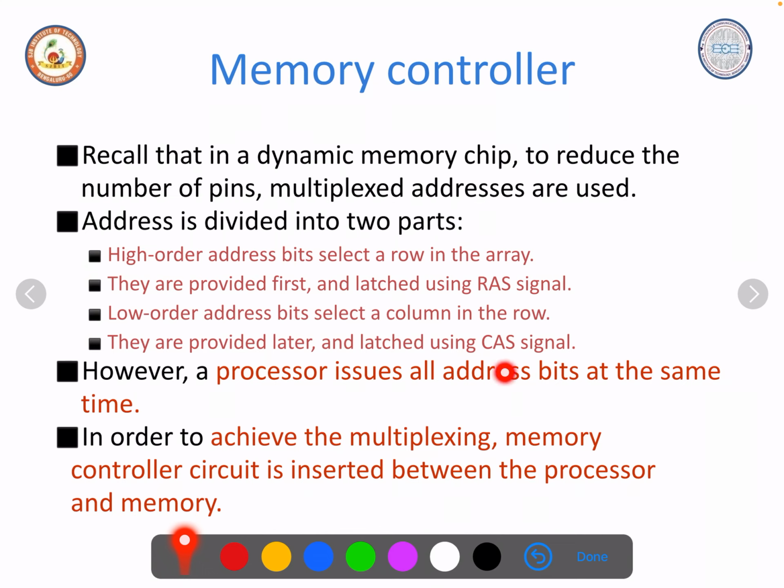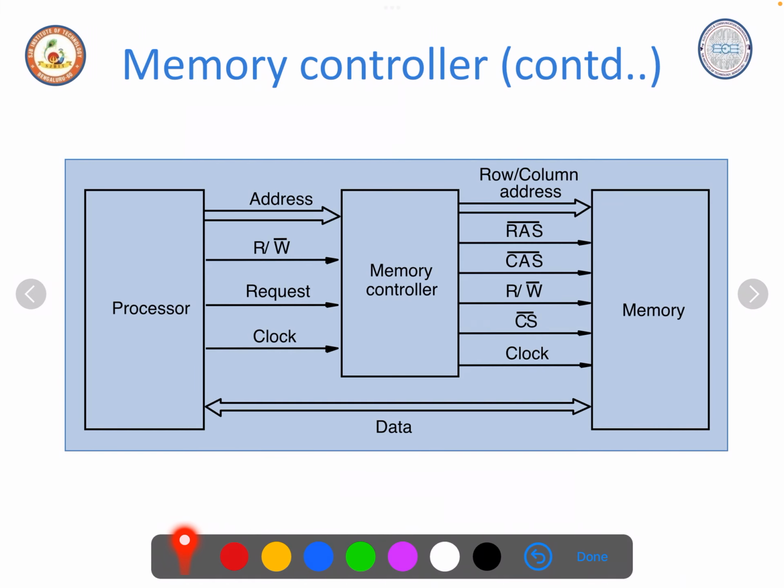However, the processor uses all the address bits at the same time. In order to achieve that multiplexing, we use a memory control circuit inserted in between the processor and the memory. The memory controller unit provides multiplexing between the processor and the memory, because the memory is arranged in the form of row and column addresses, but the processor sends all the address bits through the address bus at a time.